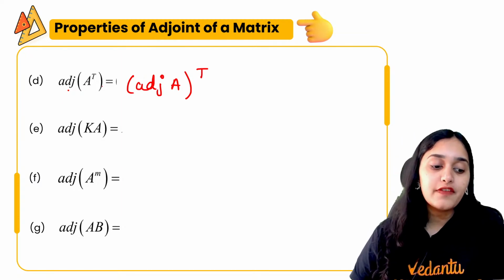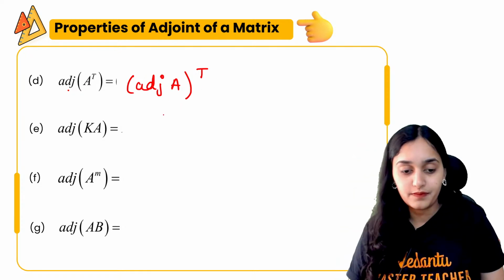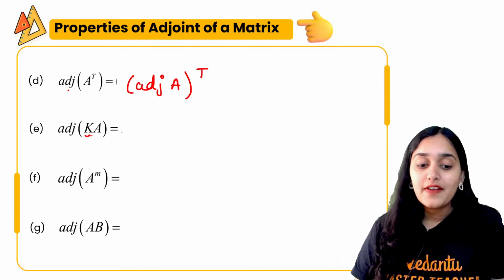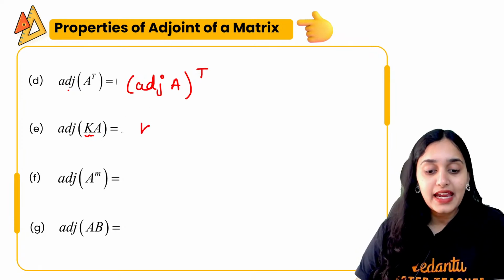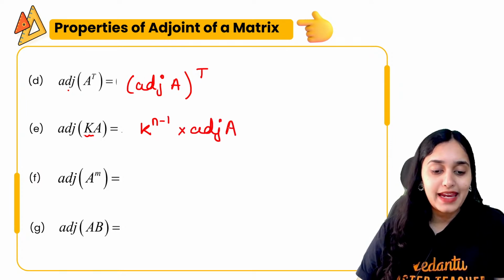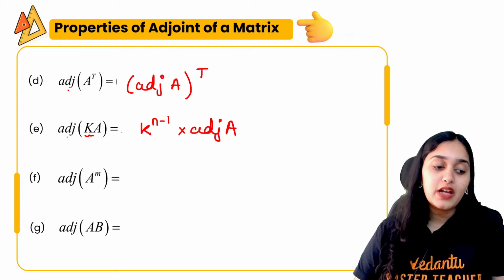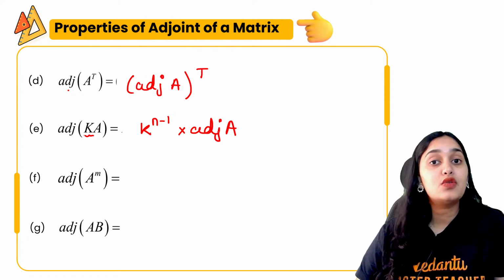So adjoint of A transpose is the same as adjoint of A whole transpose. Adjoint of a scalar multiplied with the A matrix is k to the power of n minus 1 into adjoint of A matrix.